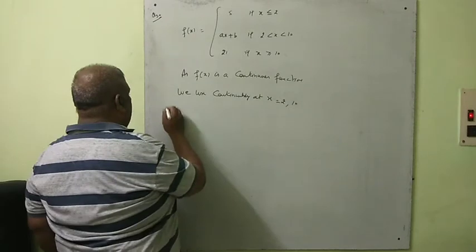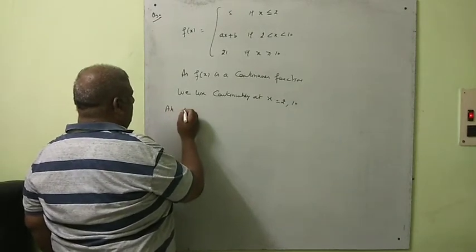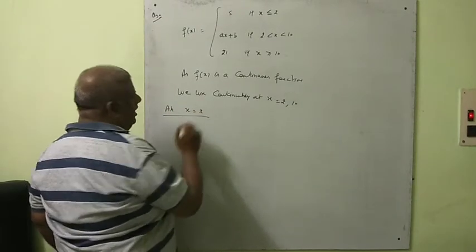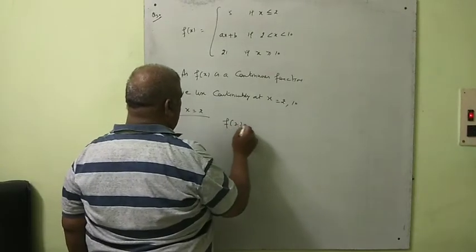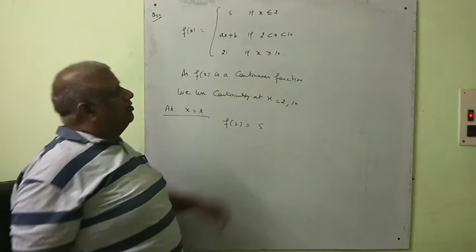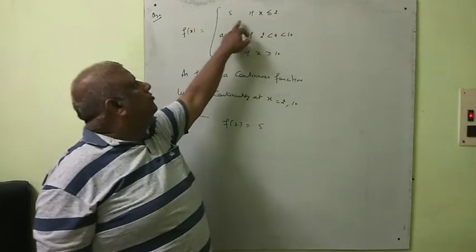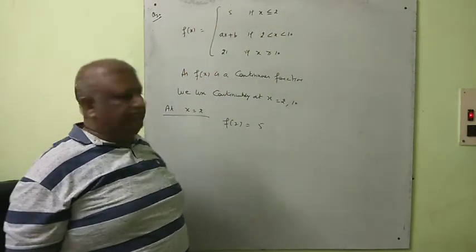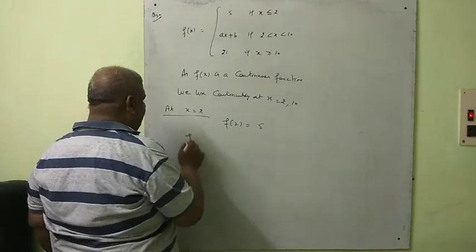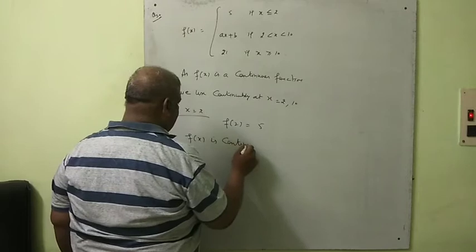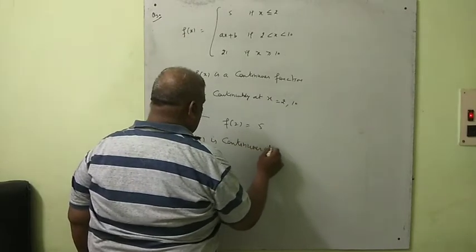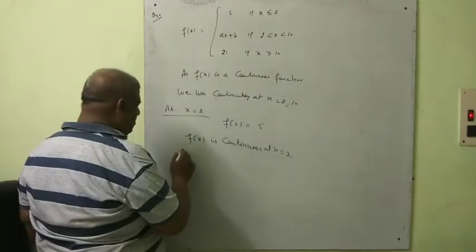Firstly at x equal to 2. What is f(2)? It is 5. At x equal to 2, the value of the function is 5. f(x) is continuous at x equal to 2.